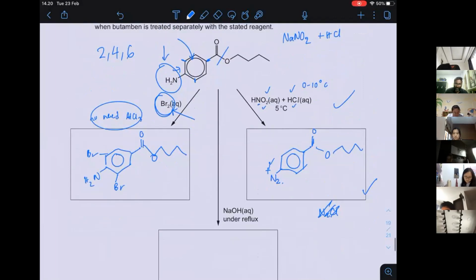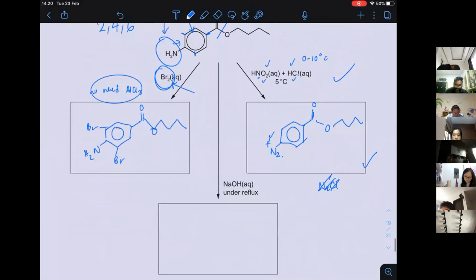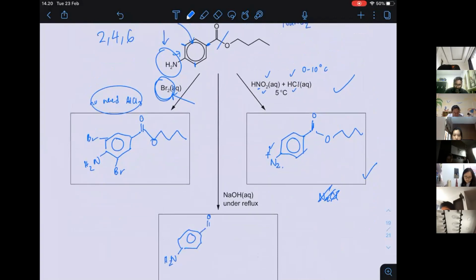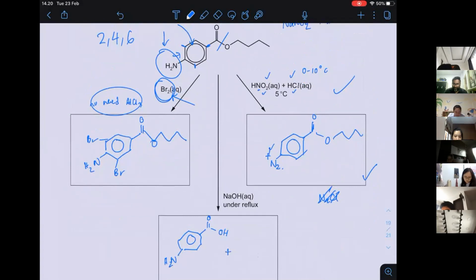One is going to be this one. You can draw properly; I'm just roughly drawing. So I have this, and then OH. And then here you have another one which is going to be OH, then something like this.